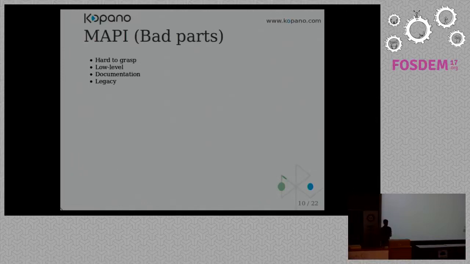But there are also, of course, some less fun parts. At its base, it's hard to grasp. It's very low level, so you have to write a lot of code to get things done. There is some documentation provided by Microsoft, but they're all parts of the puzzle.